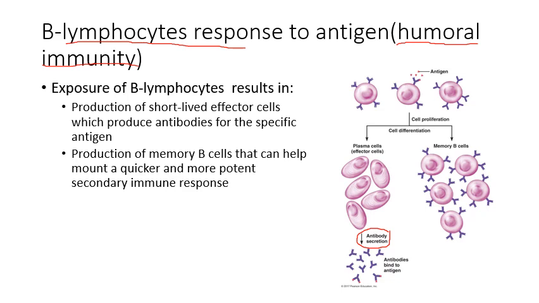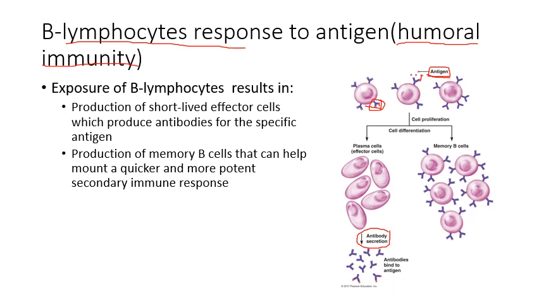So if these B cells, with those receptors with the antigen binding sites, come in contact with that specific pathogen, we'll just say it's an antigen from coronavirus, that will activate these B lymphocytes.